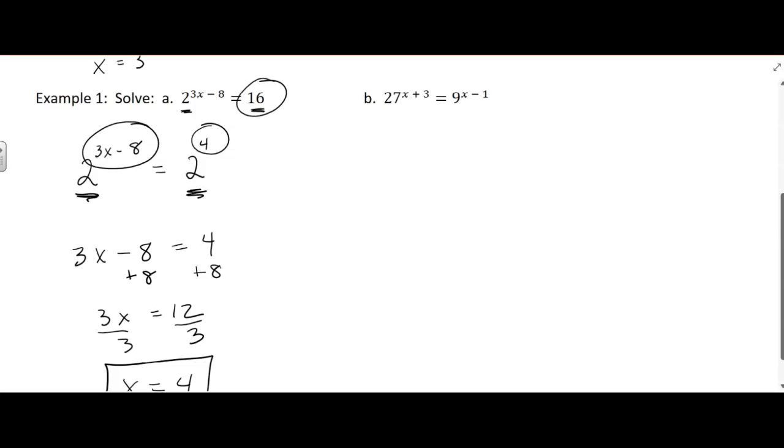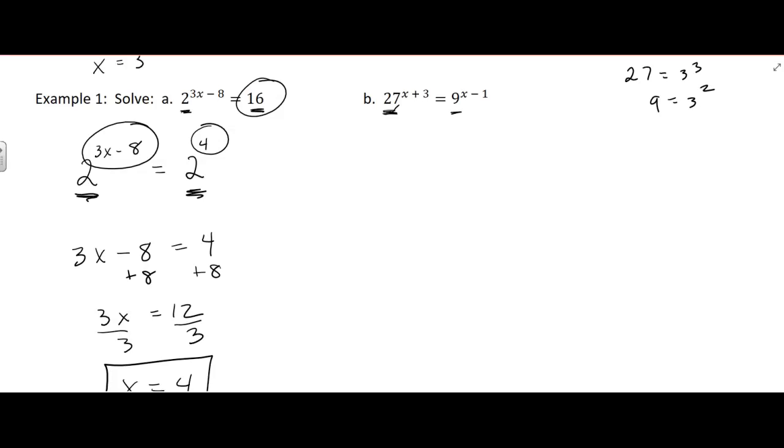Okay, so here I have a 27 and I have a 9. I'm not going to be able to turn 9 into 27 or 27 into 9. That doesn't work. But do they have some kind of base in common? What's common about 9 and 27? Well, they're both powers of 3. So 27 is 3 cubed, and 9 is 3 squared.